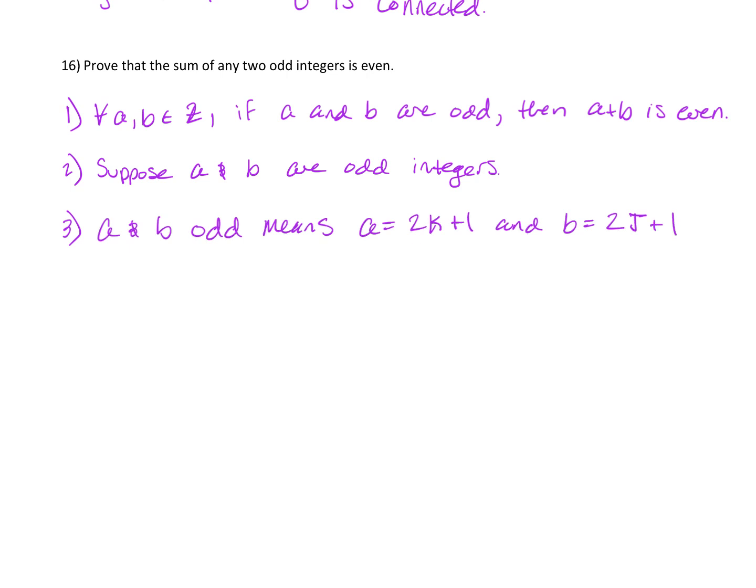So a is 2 times an integer plus 1, and b is 2 times an integer plus 1. So I said the word integer when I'm referring to k and j, but I haven't written it down yet, so I'm going to put that for some k and j in the integers.